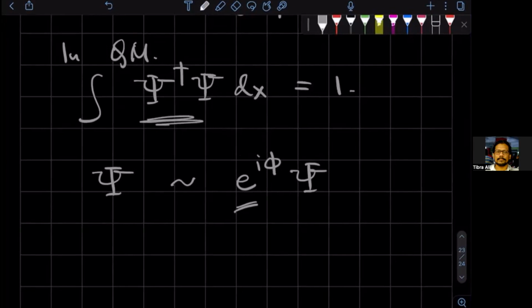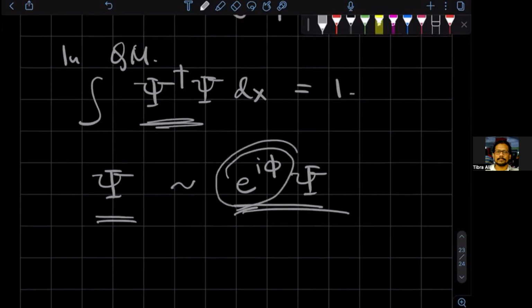Because here it drops out. Do you agree that in quantum mechanics, this physical state and this state are the same? Yes, the e to the i phi multiplies with e to the minus i phi. So in quantum mechanics, we always have this freedom to multiply a wave function by a phase.